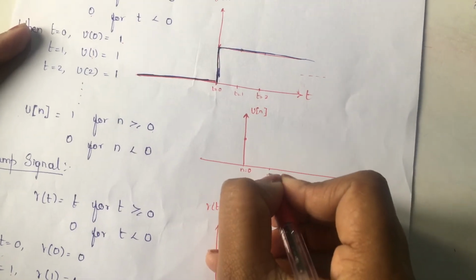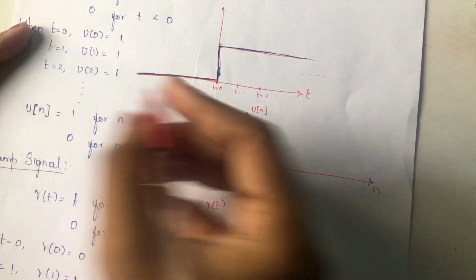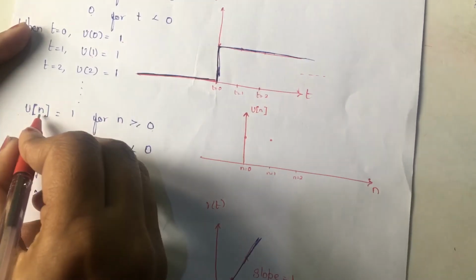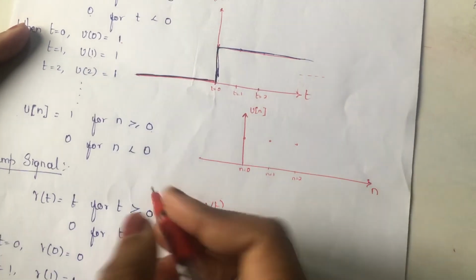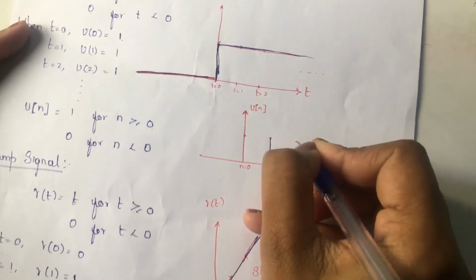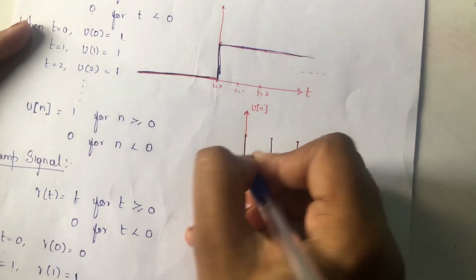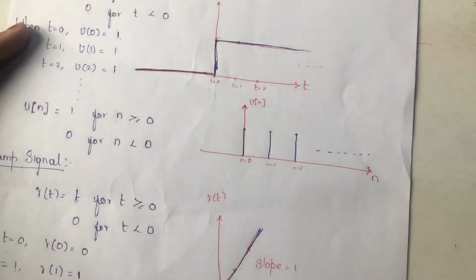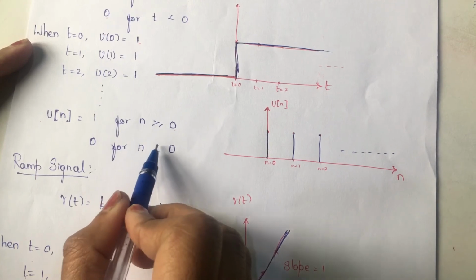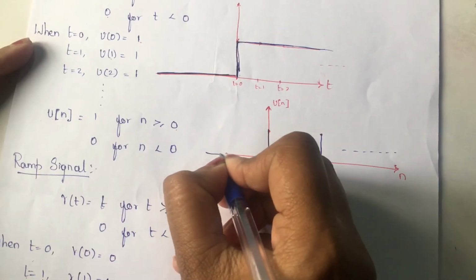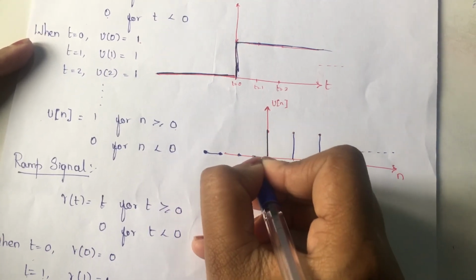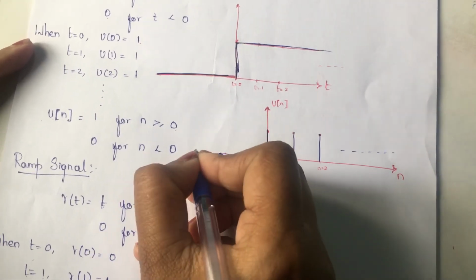When n is equal to 1, u of 1 is 1. When n is equal to 2, u of 2 is 1. This is our DT type, discrete in time, and it goes till infinity. On the negative side, the function is 0 for n less than 0. Since this is DT type, we need to represent the samples like this.